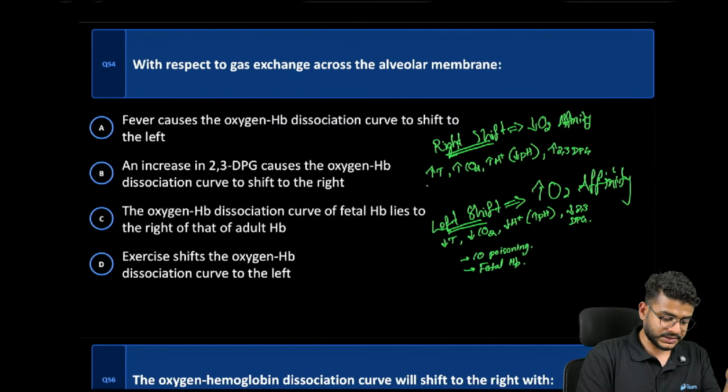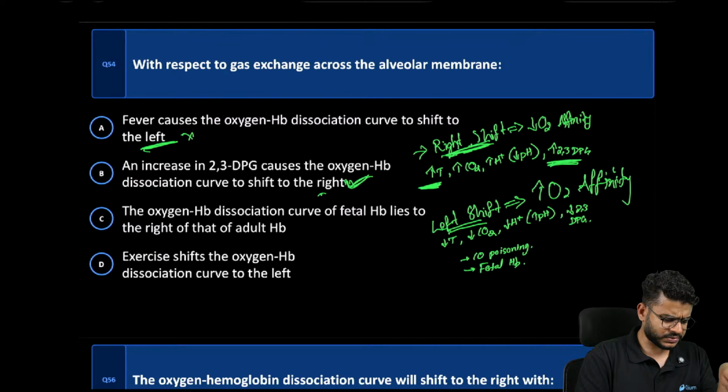Increase in temperature, which is fever, causes right shift, not the left shift. So that is wrong. Okay, an increase in 2,3-diphosphoglycerate causes the oxygen hemoglobin dissociation curve to shift right. Is that correct? Yes, increasing DPG shifts the oxygen dissociation curve towards the right side. That is the correct one. What are the next options?